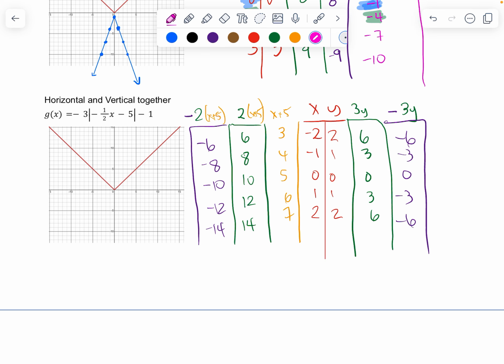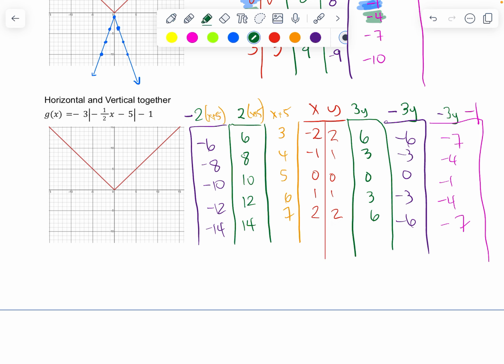Then I take that and I translate it, so -1. So I'm going to do -3y. Take these numbers and subtract.